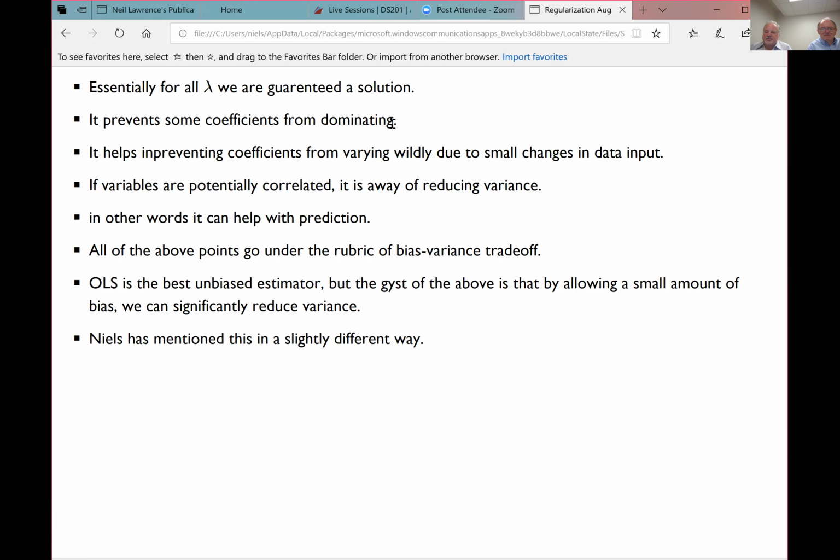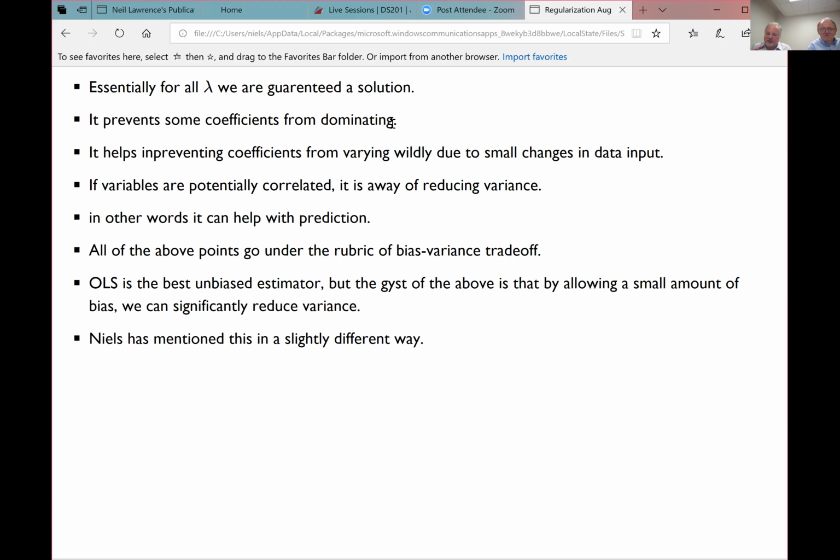But let me summarize by saying that the real heart of the reason to use these things is that they work much better for prediction. I'm sure you can find a data set for which this fails, but I've never seen a data set for which ordinary least squares regression predicts as well as a regularized regression. And it's specifically because of these features of forcing the coefficients to live in a set that's more reasonable.